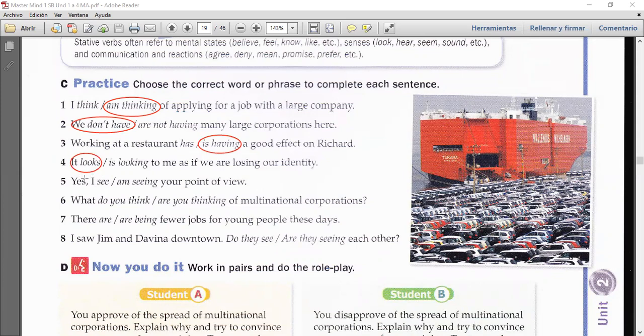Five, yes, I am seeing your point of view. What do you think of multinational corporations?